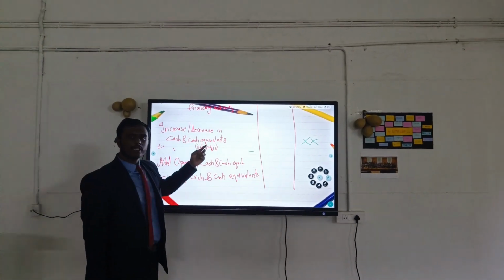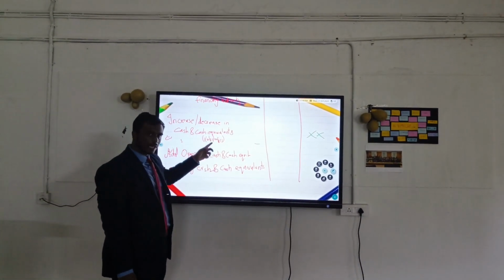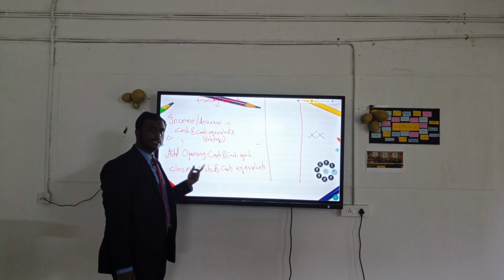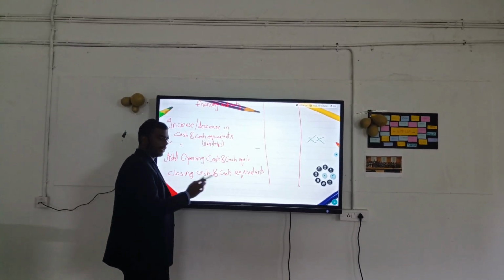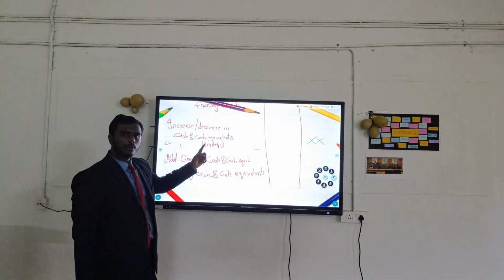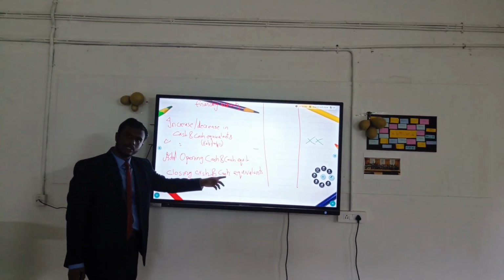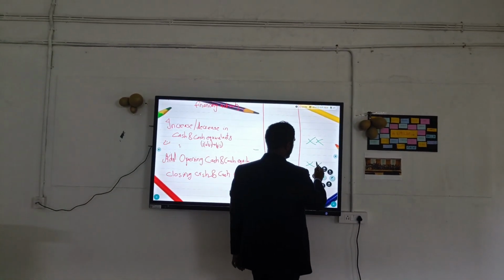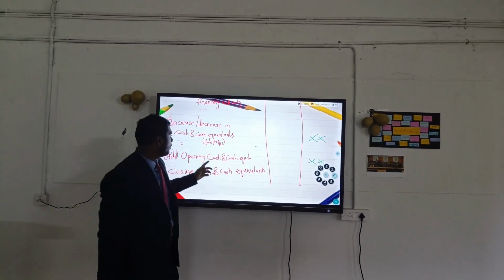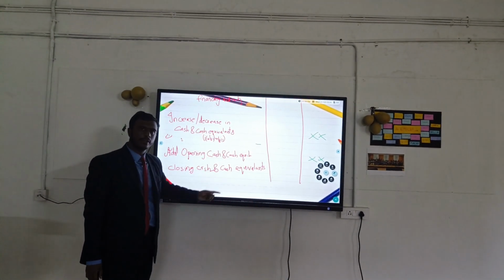If you are getting a positive figure, you should write increase in cash and cash equivalents, and if you are getting a negative figure, you should write decrease in cash and cash equivalents. Next we should add the opening cash and cash equivalents, and then comes the closing cash and cash equivalents.